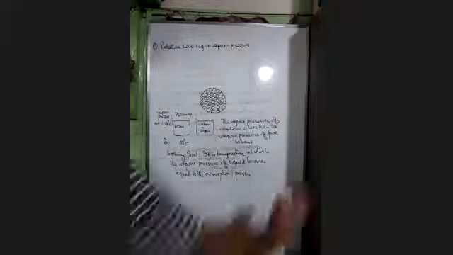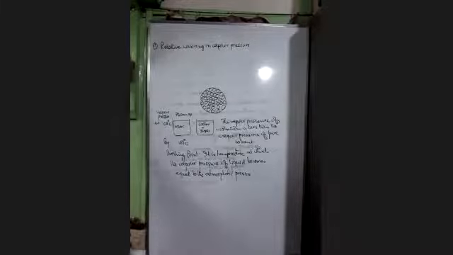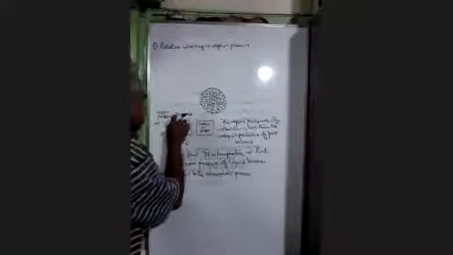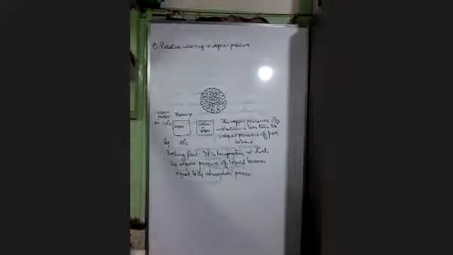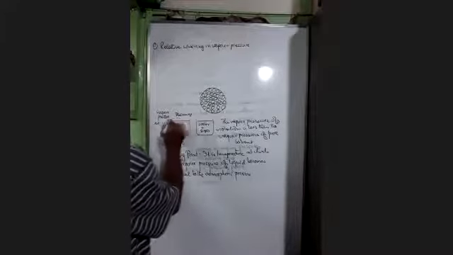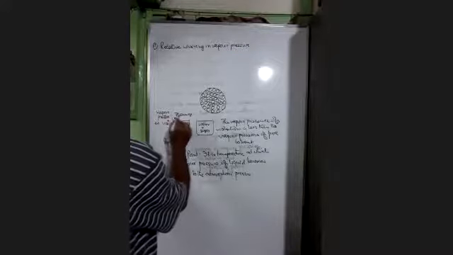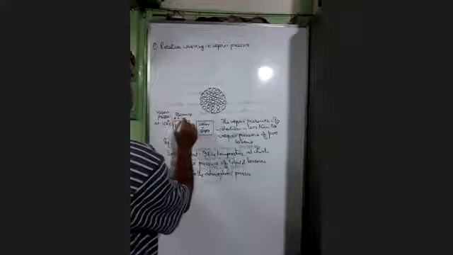So the entire surface takes part in evaporation. So in that case, what happens? It creates more vapor, and because of that, it becomes equal to the atmospheric pressure. This is the vapor pressure, and it becomes 1 atmospheric pressure.